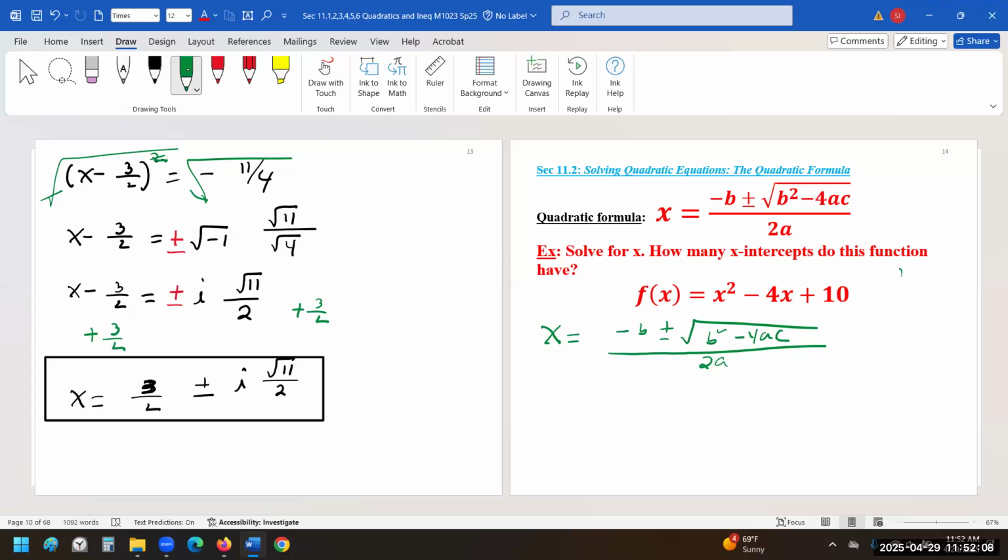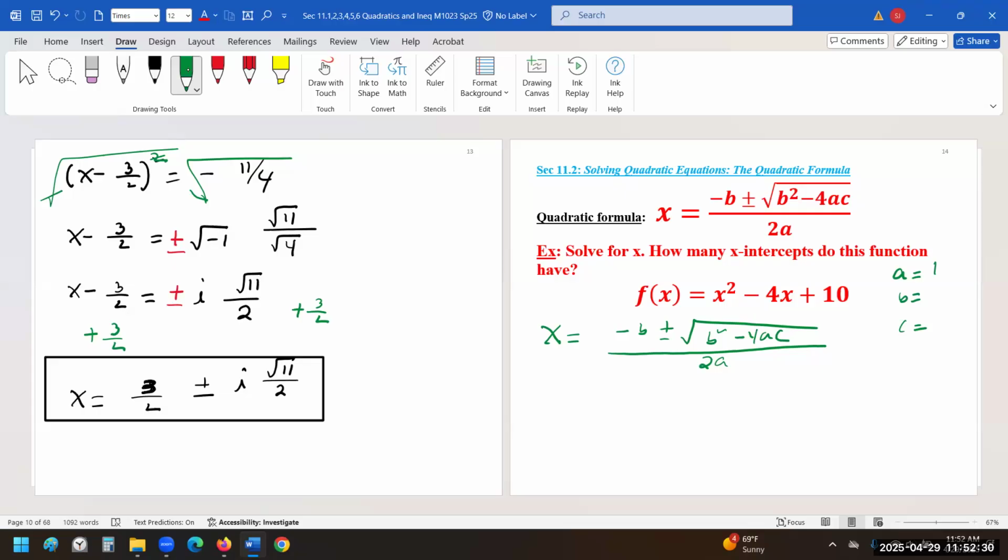So we identify what is a, what is b, and what is c. In this function, what is a? No, a is a number. It's 1. a, b, c, all of these are numbers. x, y are variables, not numbers. What we have in the front, that's a.